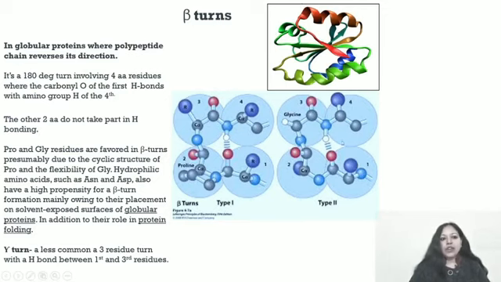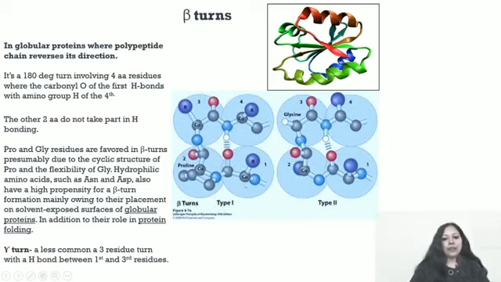When reversal in the direction occurs, there is formation of a beta turn, and it's a 180-degree turn involving 4 amino acid residues, in which a hydrogen bond forms between the first and the fourth amino acid residues, while the second and third do not participate in hydrogen bonding.